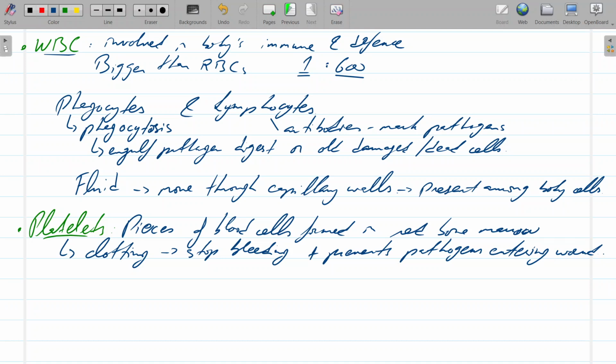Now, since you mentioned clotting, a bit of detail about that. When blood vessels are damaged and blood starts coming out of the vessels, platelets clump together and block smaller capillaries.